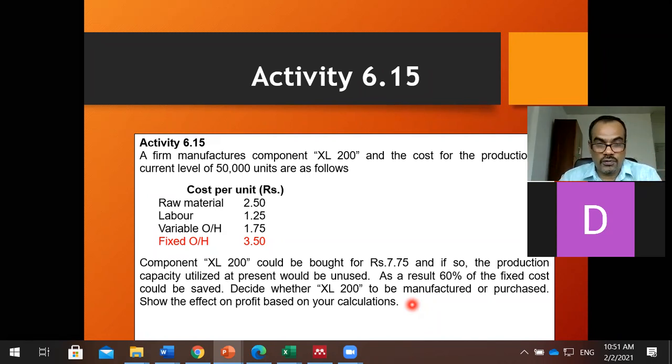If you are not going to produce here, you are going to buy it fully from the outside without producing, but you can save 60% of the fixed cost. Financially, check whether it is viable or not quickly.